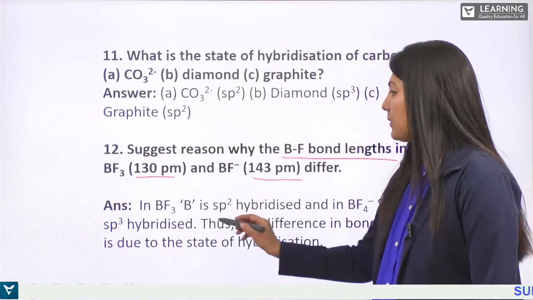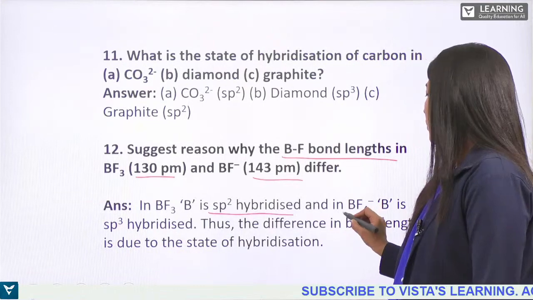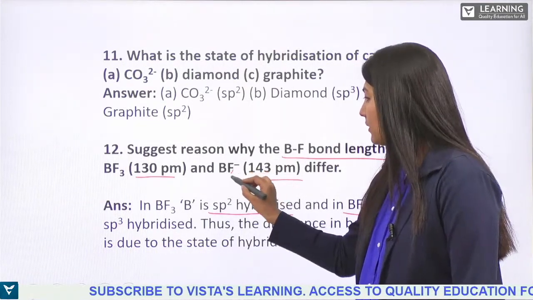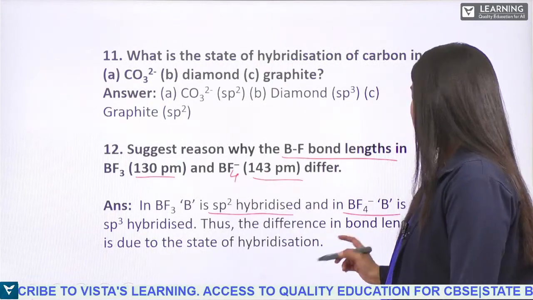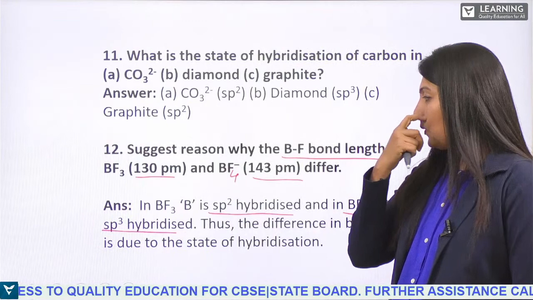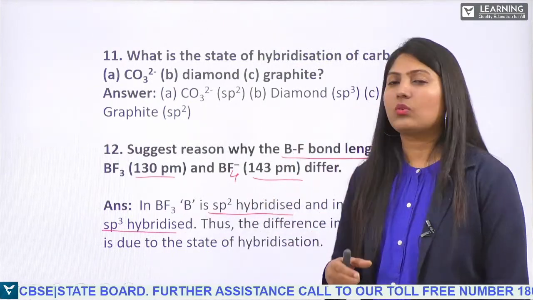In BF3, sp2 hybridization has taken place, whereas in BF4 minus, we have sp3 hybridization. So this sp2 and sp3 difference will make the difference.